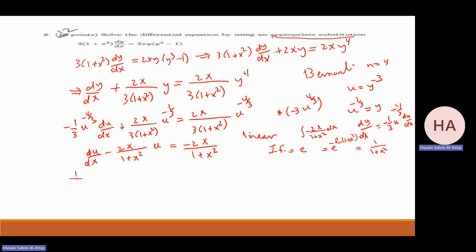Multiply by this, so I have 1 over 1 plus x squared du over dx minus 2x, and multiply by 1 over 1 plus x squared.